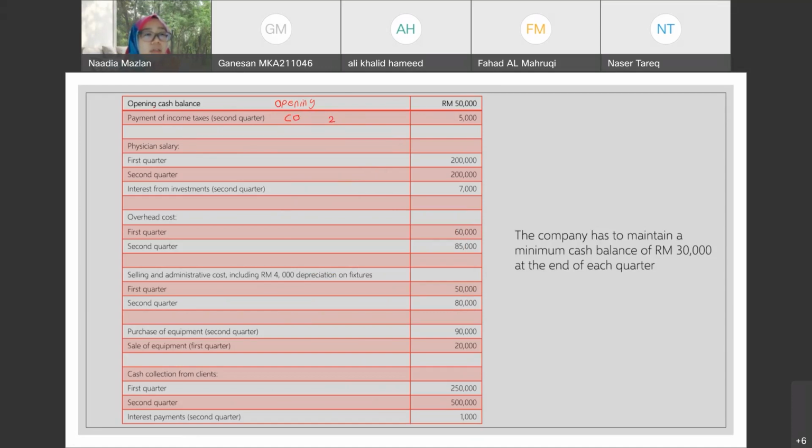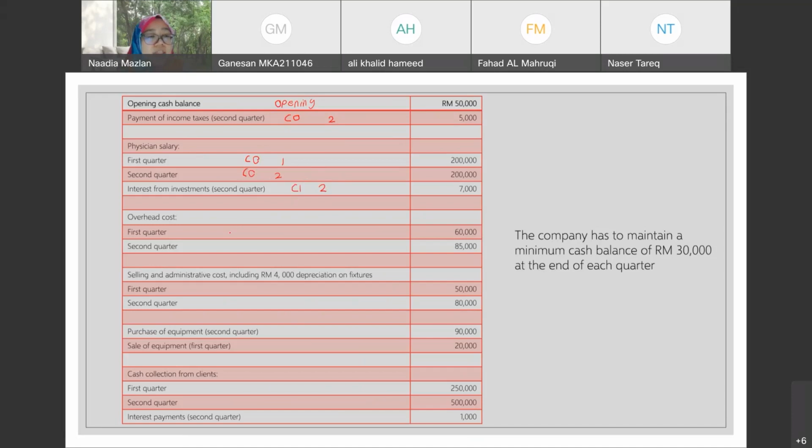Outflow. That happens in the 1st quarter, and this one happens in the 2nd quarter. Interest from investment. Is this outflow or inflow? Inflow. This is inflow, meaning you got money from your investment, which happened in the 2nd quarter.